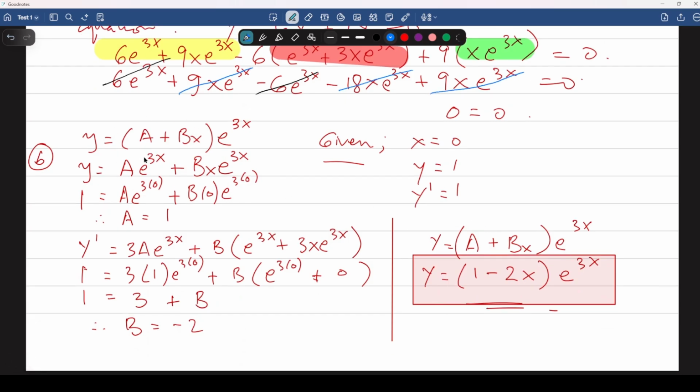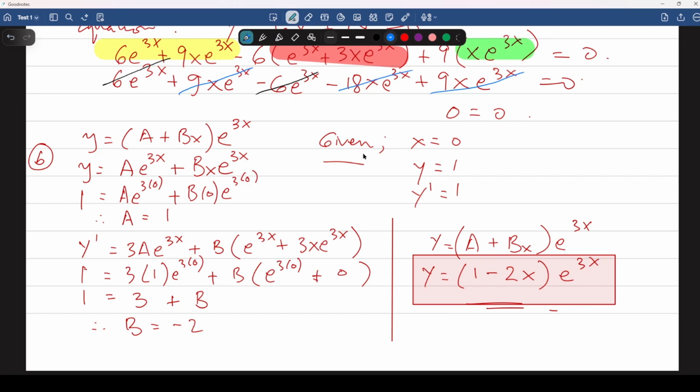You can expand the function if you want. So a times e to the power 3x, where x becomes 0, so a e to the 3 times 0 plus b x is 0, e to the 3 times 0, so the whole term here becomes 0. So we have only 1. 1 equals a times e to the power of 3 times 0, which is e to the power of 0, which is 1.